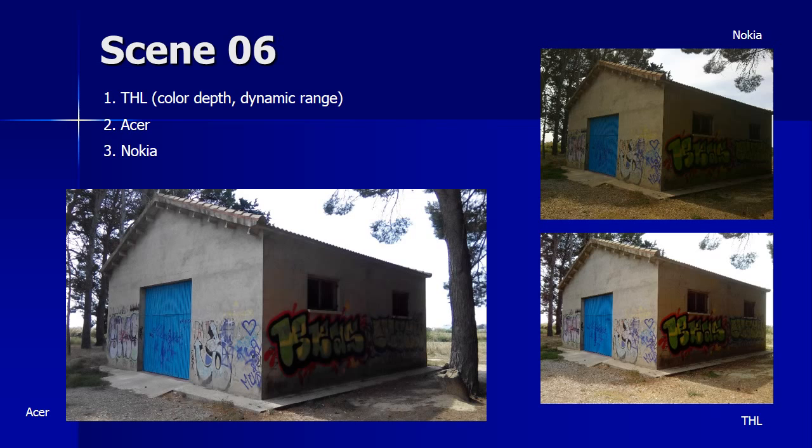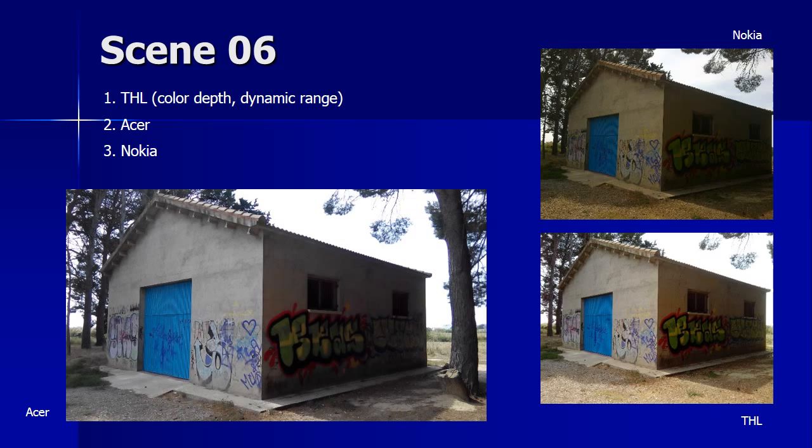This house was one where I really liked the result of the THL the best. By the way, for each shot I took multiple photos, and I picked out the best one from each camera. I thought it was the most fair way to do it. So I made a pre-selection of each camera, the best one for that shot, and this is what I compare.